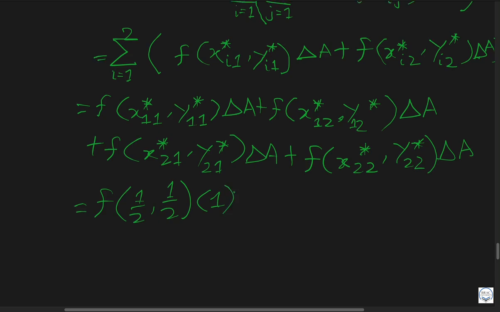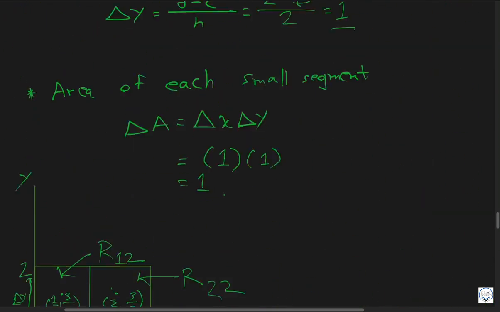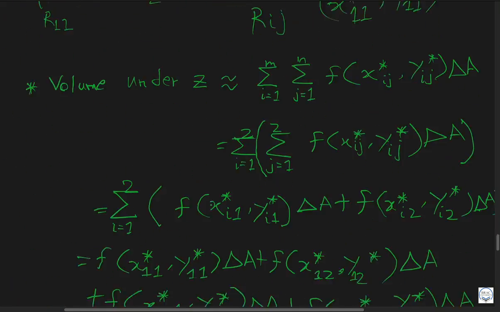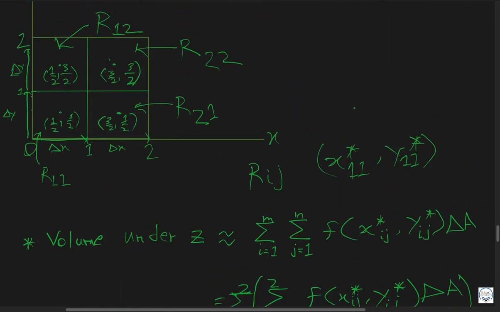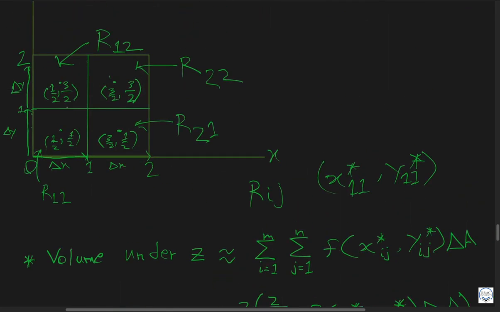So let's put that. We have f of x11 star, y11 star is half, half. Now delta A is 1. We have calculated it before. Here it is. Delta A is just 1.